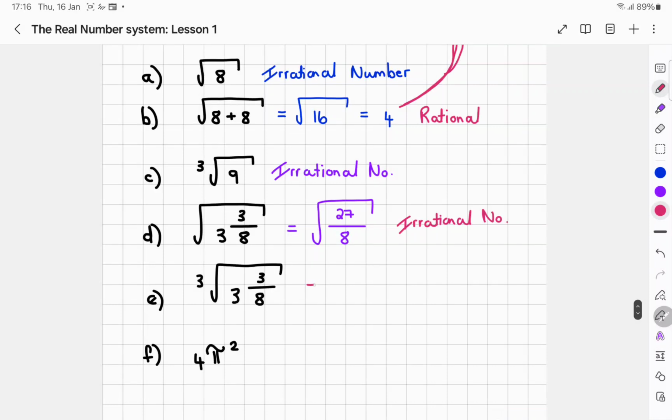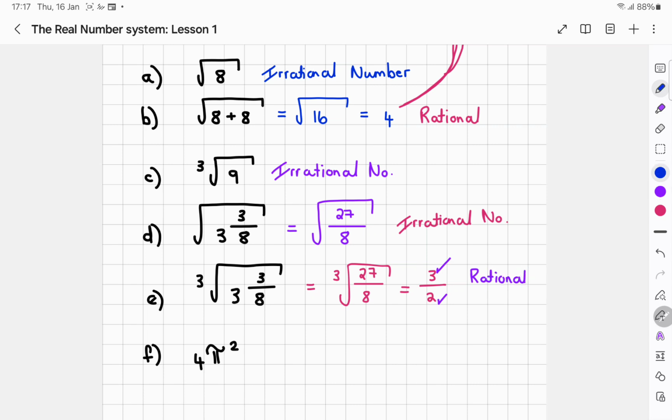But can I cube root this? It's exactly the same, I'm just going to take the previous simplified answer. Can I cube root it? Yes, it will give me 3 over 2. And do I have an integer? Yes. So this will be a rational number.